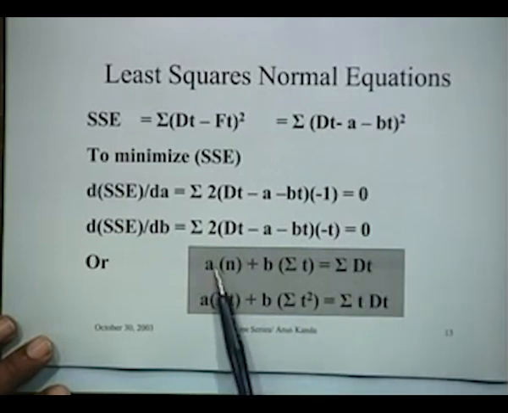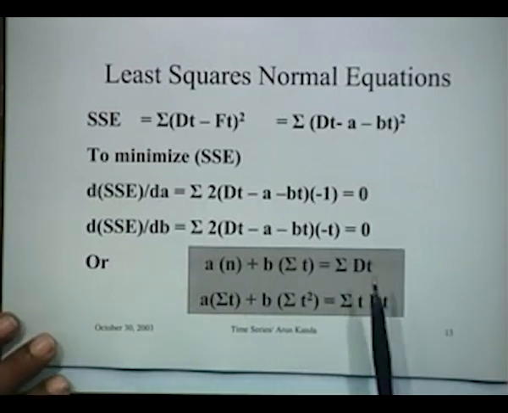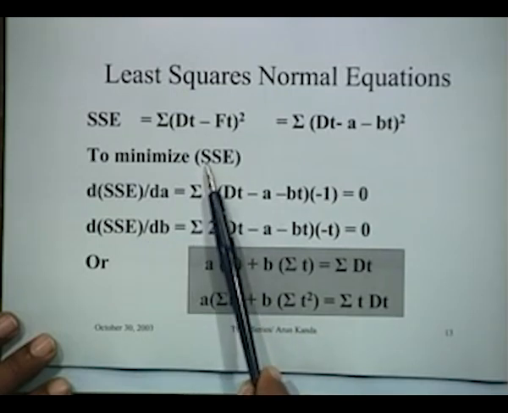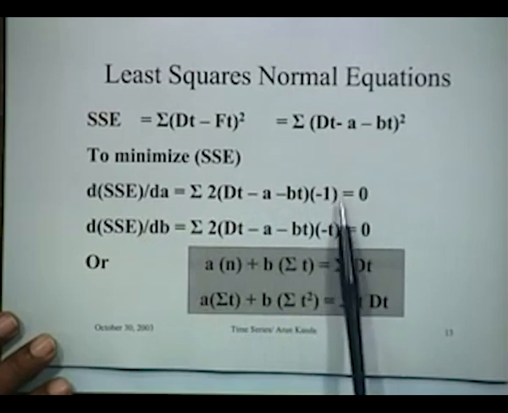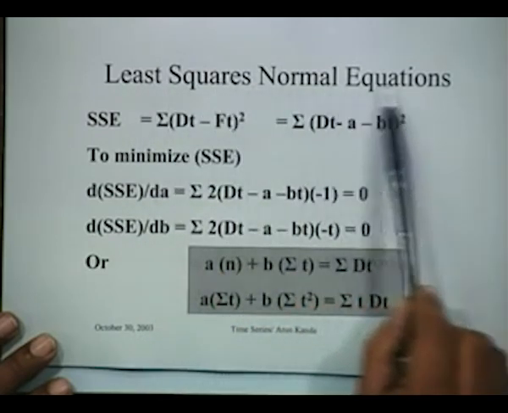So we have got two linear equations in two unknowns, the two unknowns being a and b, so you can solve them by Cramer's rule or any other method for solving linear equations. In fact, the equations obtained from the sum of squares of errors, taking derivatives, putting it equal to 0, these equations are generally called the least squares normal equations.